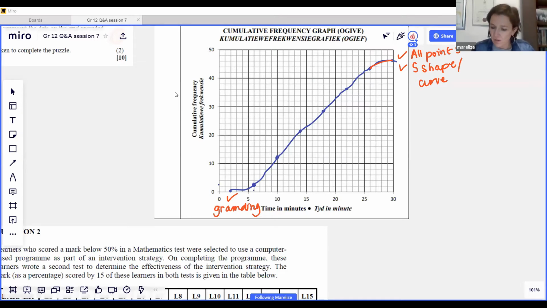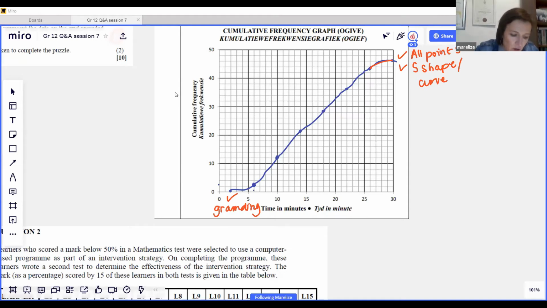You can go 45 divided by 2, that gives you 22.5. Or you can use a bit of logic: if I count to the middle from both ends of the 45, I'll get to 23. So 23 is probably more like my median. So you go to your cumulative frequency, because your 23rd data value is your median.